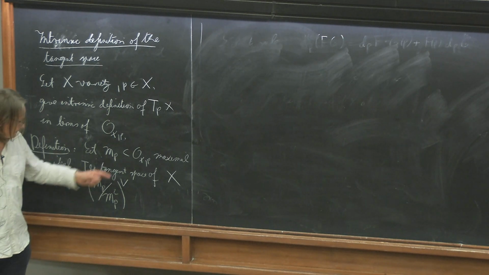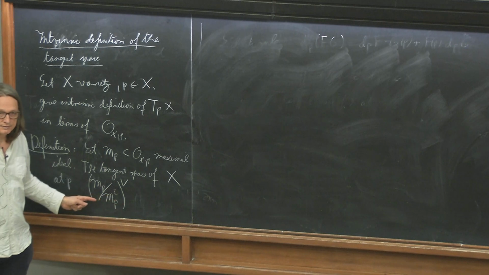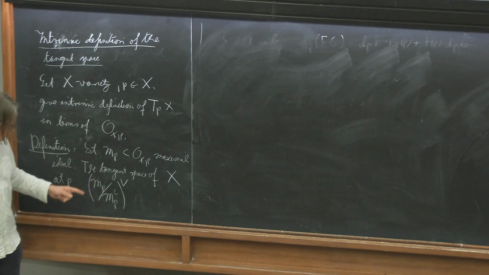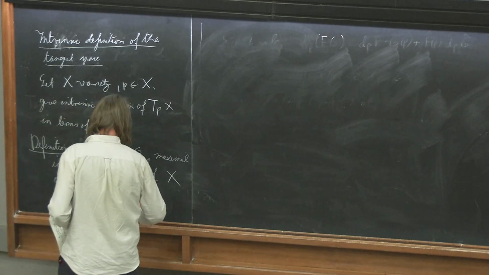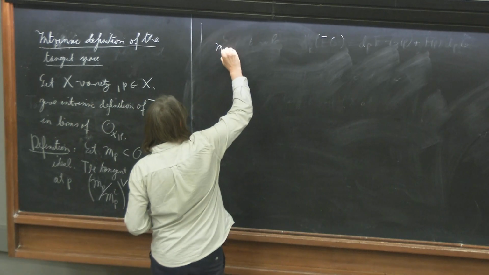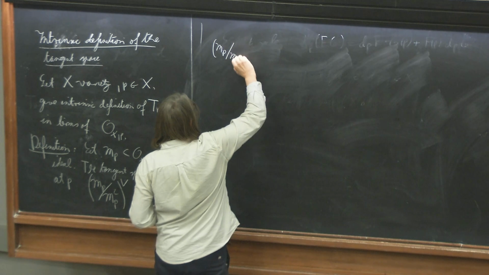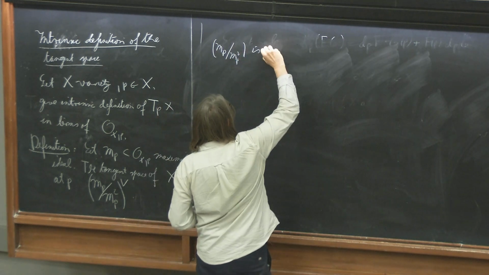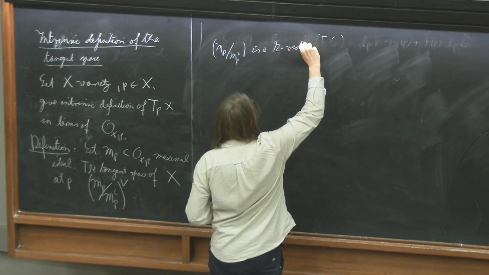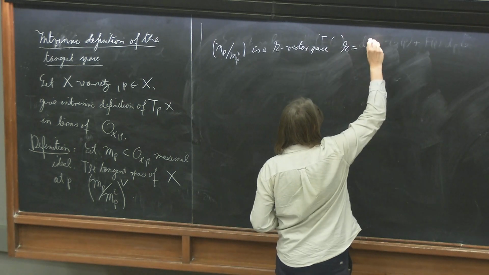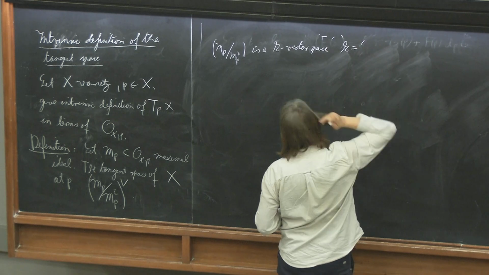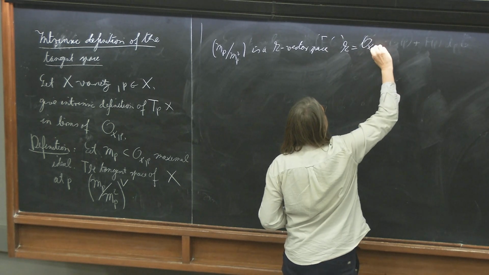So O_{X,P} just acts through its residue field K, so M_P modulo M_P squared is a K-vector space.